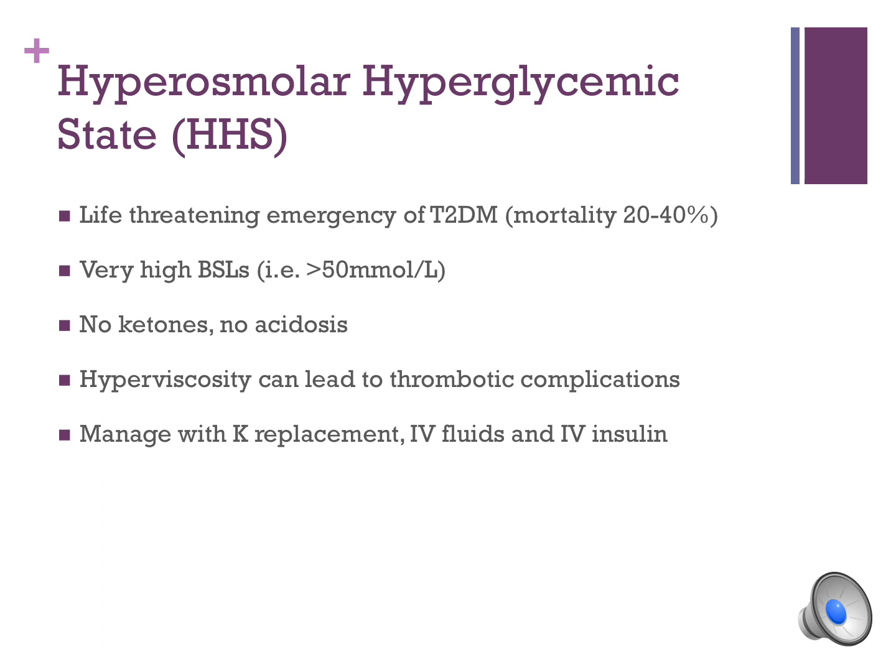But I think that it is important to mention within our presentation. It's associated with high mortality of 20 to 40%. We see patients usually have very high blood sugar levels, i.e. greater than 50. And unlike diabetic ketoacidosis, there's no ketones or acidosis.